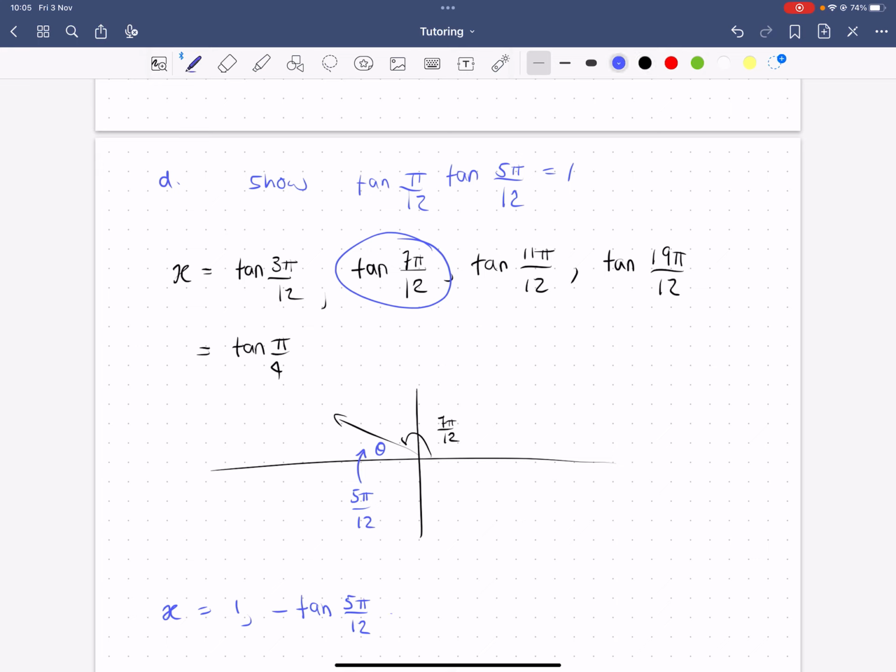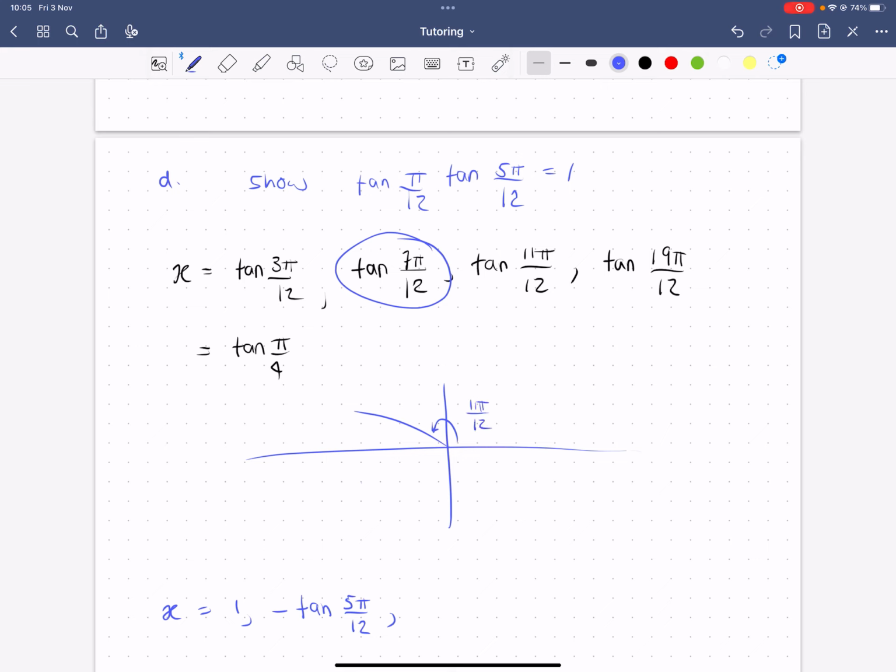And then what we've got after this is we're going to look at our 11 pi on 12. Now, 11 pi on 12, if I write this out again, start again. 11 pi on 12 is here. So that's 11 on 12, and this would make this angle pi on 12. But pi on 12 is something else that we're looking for.